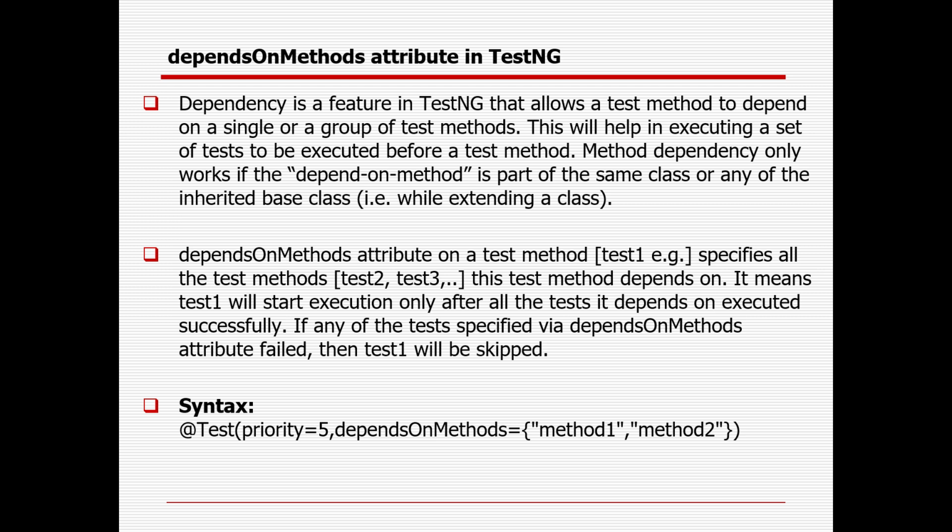So dependency is a feature in TestNG which allows a test method to depend on a single test method or a group of test methods. This will help in executing a set of tasks before the test method. Method dependency will work if the depended-on method is part of the same class or any of the inherited base classes. So the dependsOnMethods attribute on a test method specifies all the test methods it depends on.